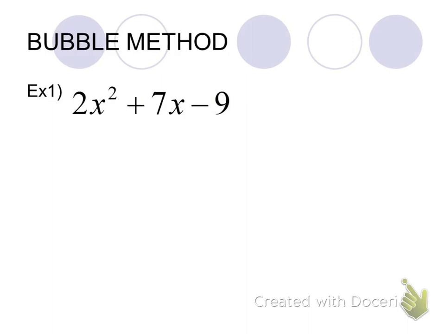All right, our first problem, 2x squared plus 7x minus 9. We've got our signs and what we're looking for. That's what I want to focus on first. So just from the original problem, what signs am I going to need?